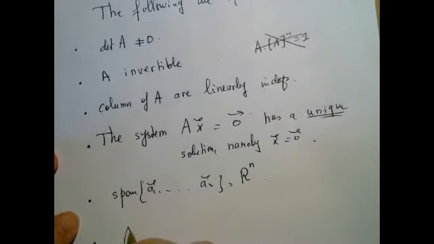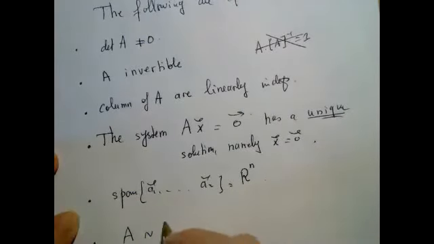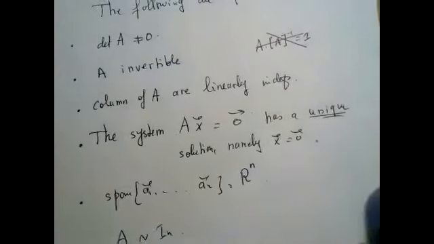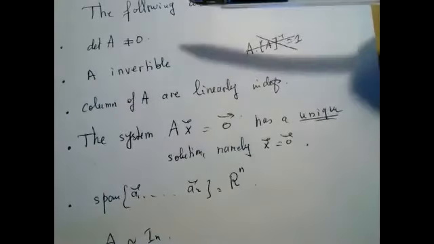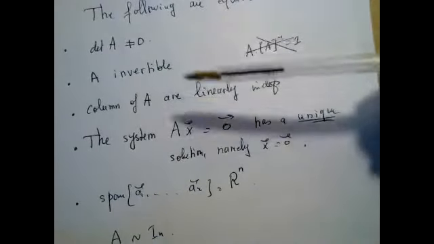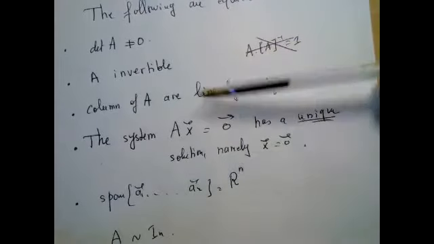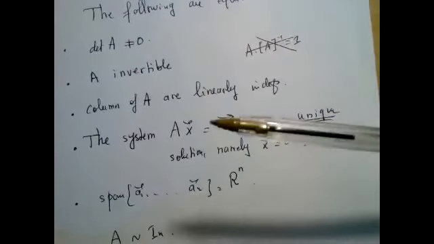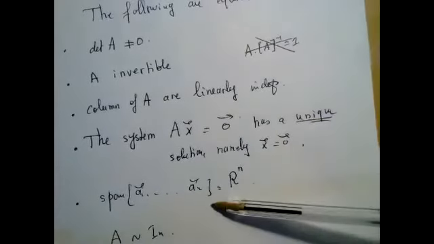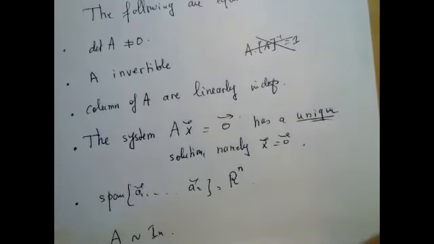And because of the invertibility, A can be row reduced to the identity. But the main new idea here is that a non-zero determinant guarantees invertibility, linearly independent vectors, uniqueness of the solution, the span being Rn, and row equivalence to the identity.